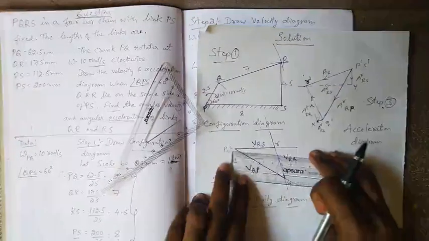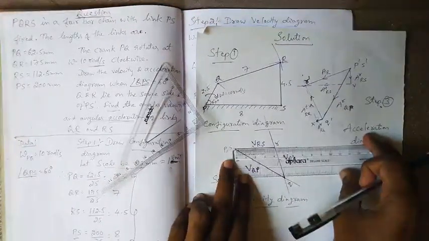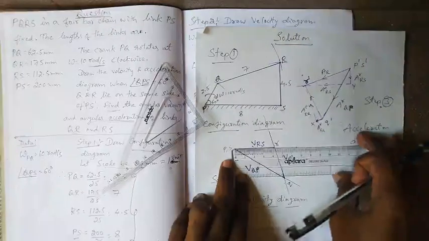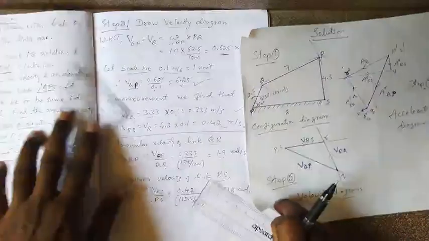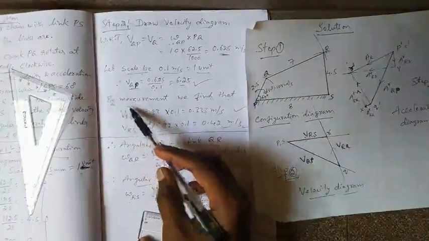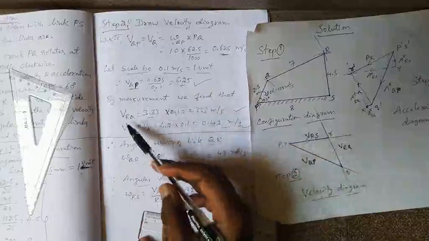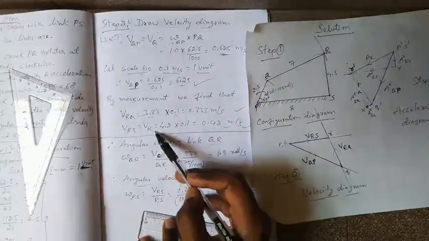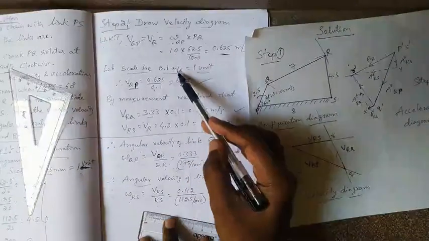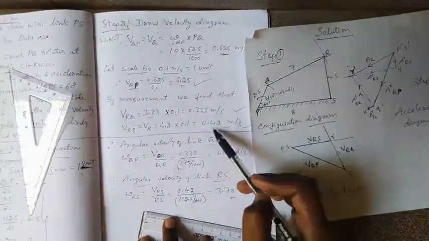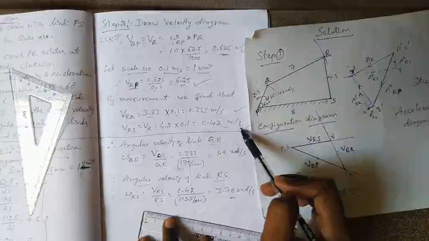Let us measure VRS. We are getting 4.2 units. So 4.2 units multiplied by the scale 0.1 gives us 0.42 meters per second.